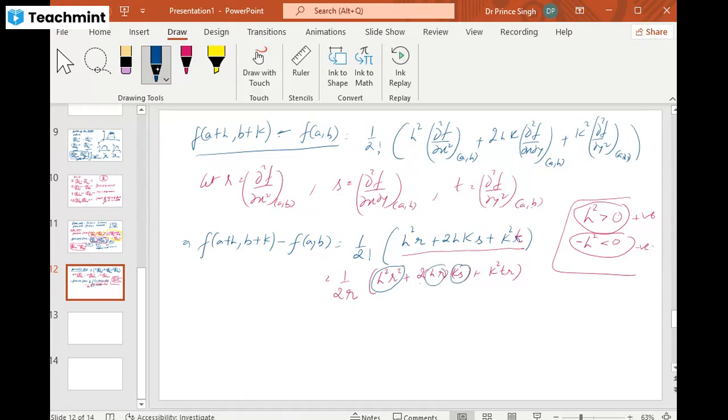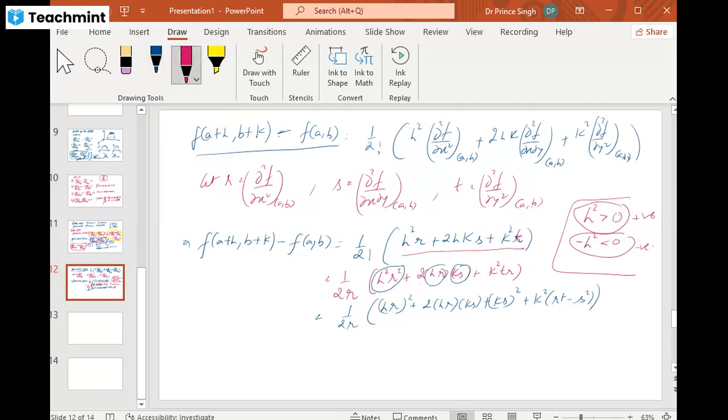So if I add and subtract b squared, then we have 1 upon 2r times (h squared r squared plus 2 times hrks plus (ks) whole squared), plus k squared rt minus k squared s squared, right?